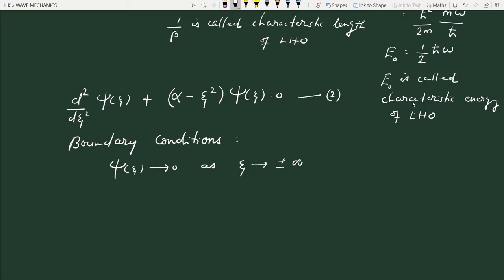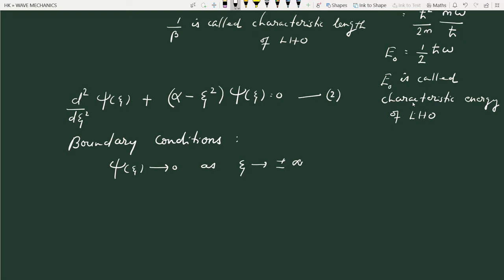You remember that this condition is simply the condition that the wave function is normalizable. There is one admissibility condition that our wave function should be normalizable, and mathematically the wave function is normalizable only if it behaves like this: when the independent variable goes to plus or minus infinity, the wave function should go to 0.